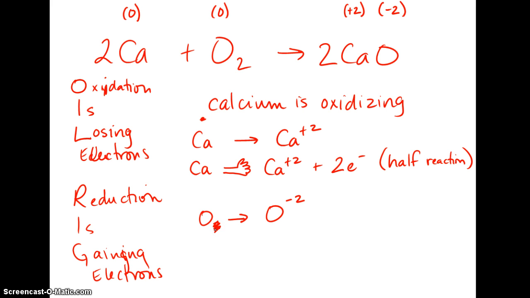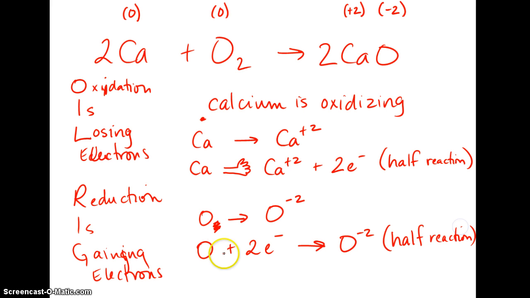And we can just keep it like this. So it has a 0 charge with the other one. Because it's gaining electrons, we say that it's adding 2 electrons to it. We add those electrons and end up with a -2 charge. This is also considered a half reaction. So this is where oxygen is reduced.